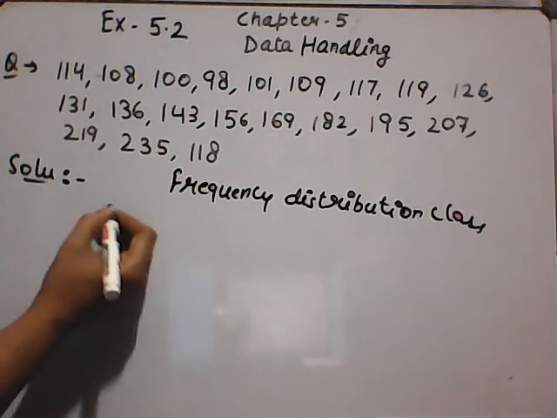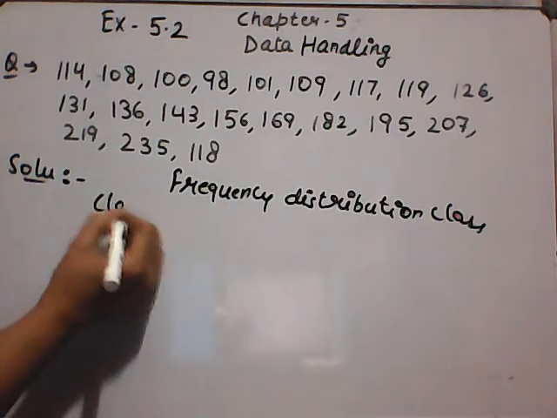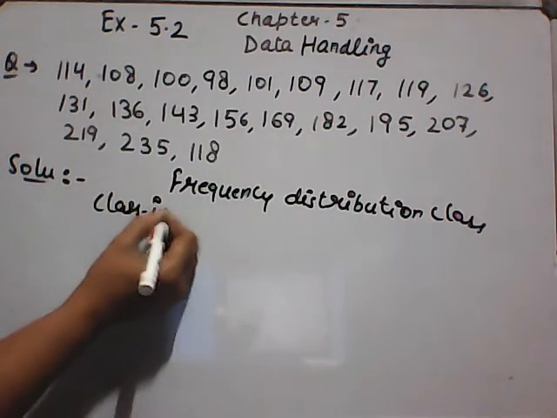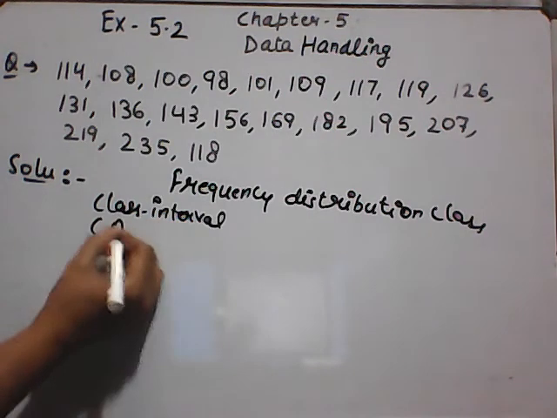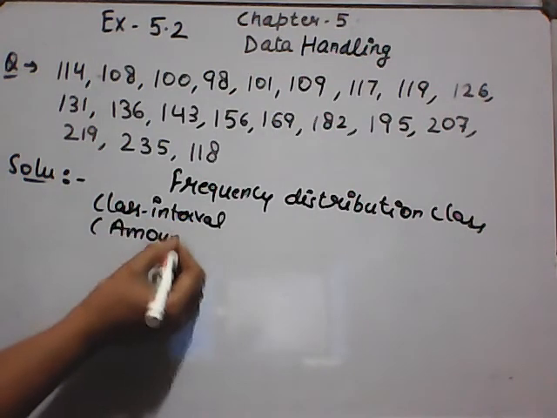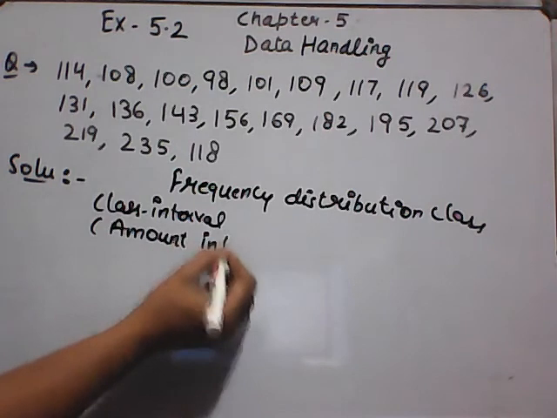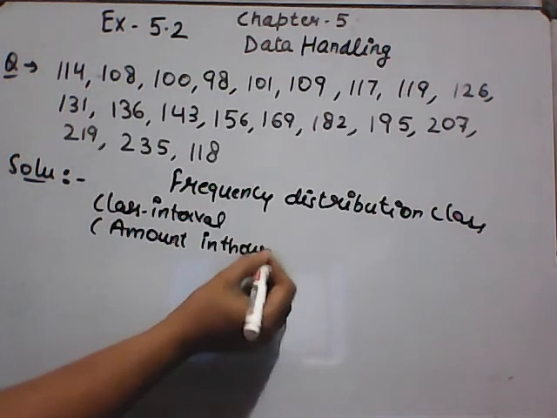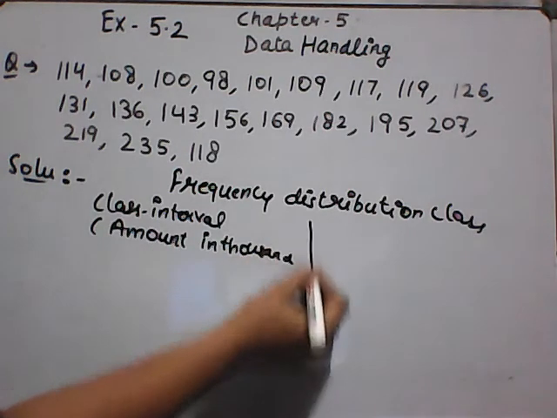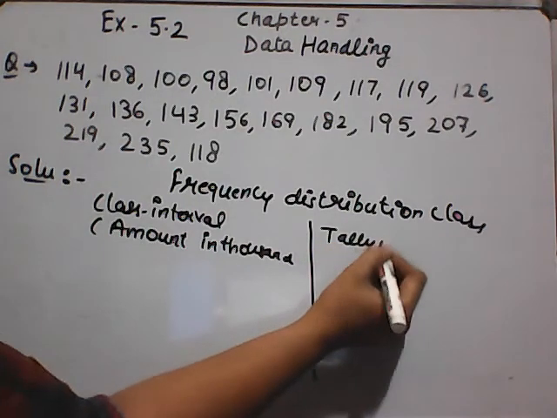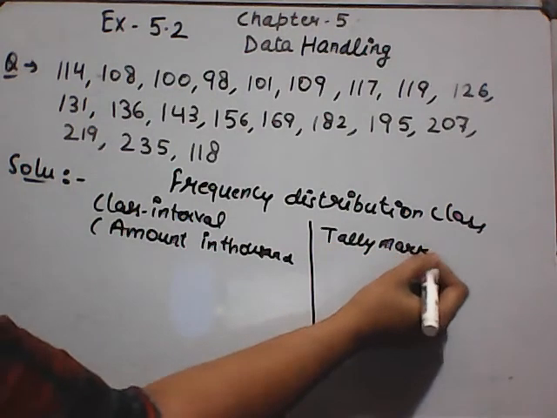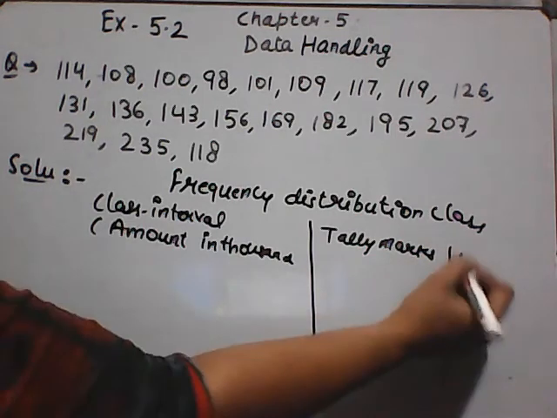Here the amount is given to you in terms of thousands. In the second column, we count using tally marks. In the third column, we have to take frequencies.